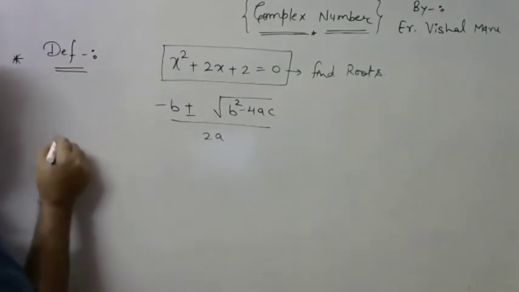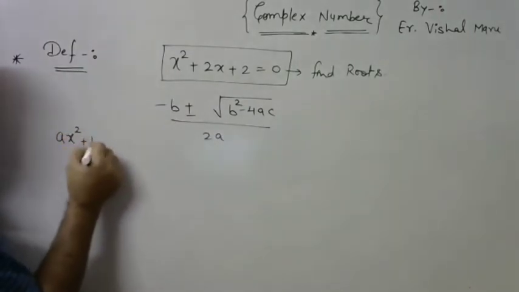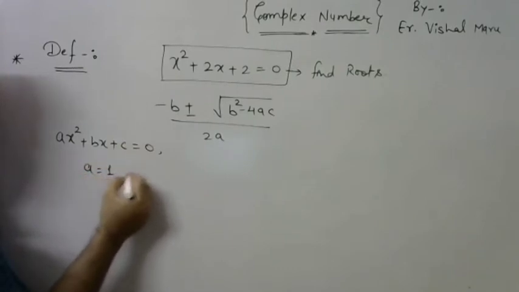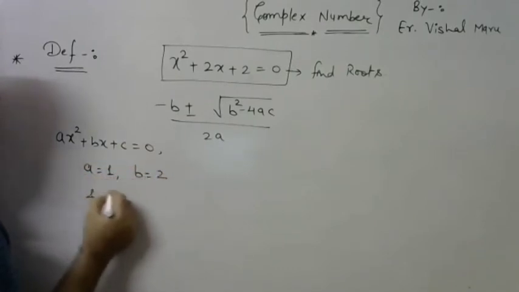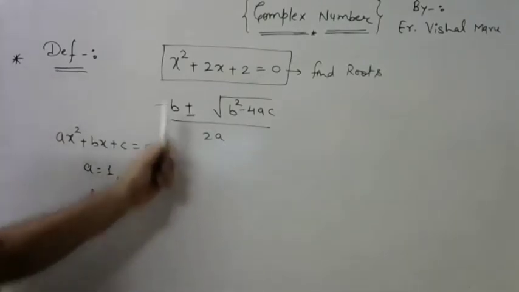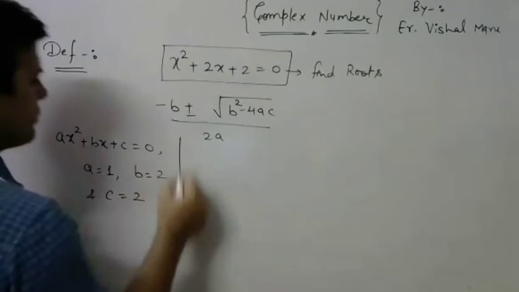Comparing this equation with the general quadratic equation ax square plus bx plus c, we get a is equal to 1, b is equal to 2 and c is equal to 2. So applying this formula, I will find the roots of this equation.